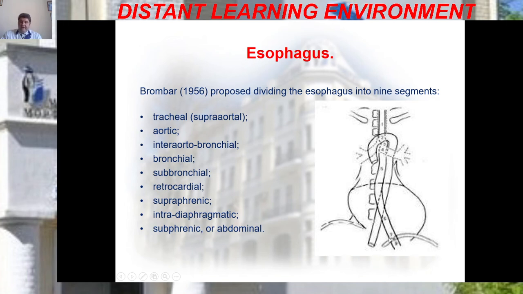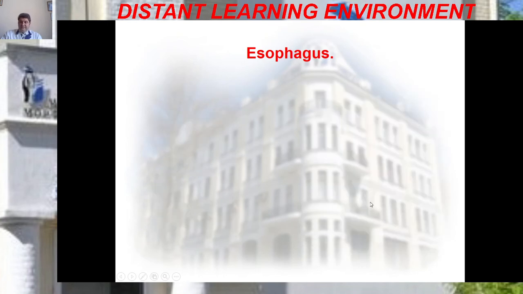Eighth, this is intradiaphragmatic part or segment in the hiatus diaphragmaticus. And ninth, this is subphrenic or abdominal, the abdominal part of the esophagus.